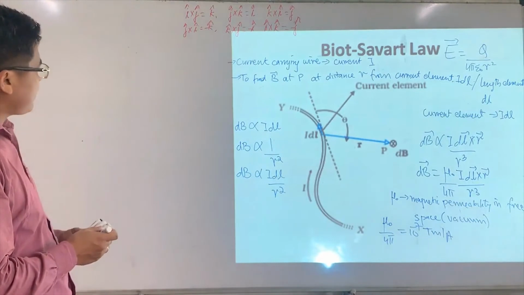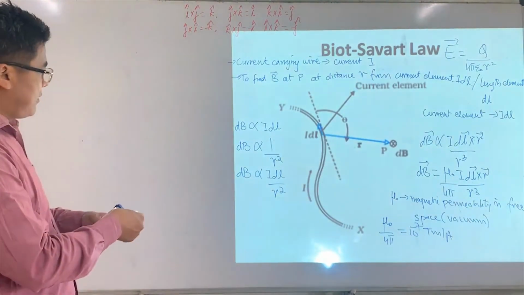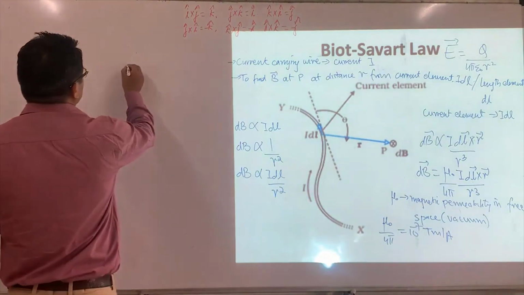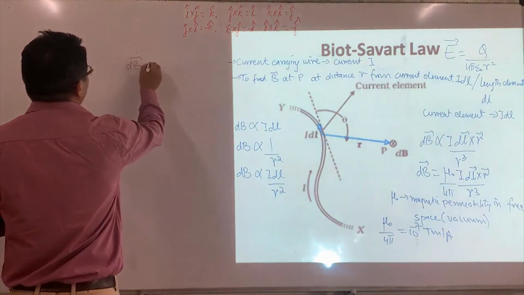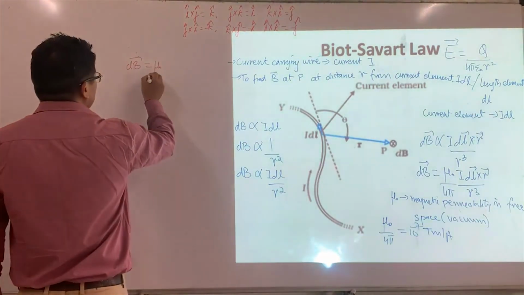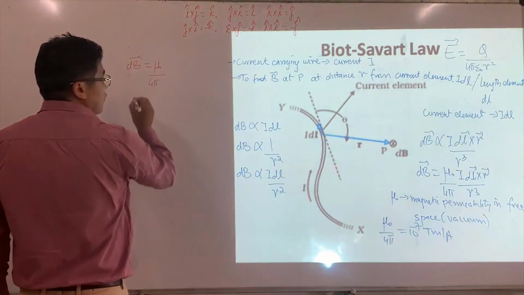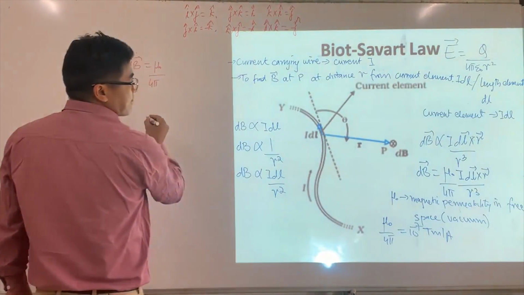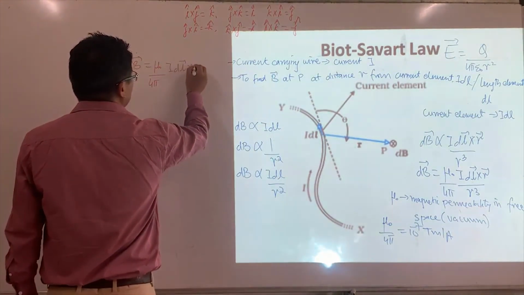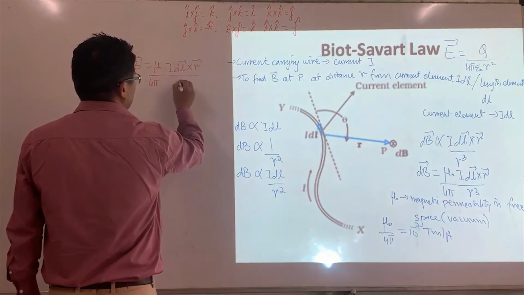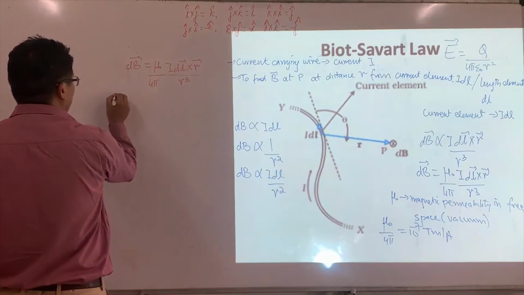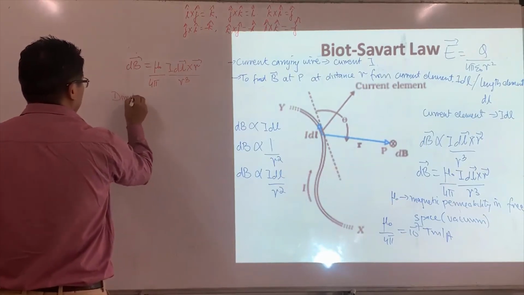Biot-Savart law. Alright, so I'm going to write here again the Biot-Savart law. This is the magnetic field due to a small current element, mu naught over 4 pi, and the magnitude is going to be... Let's talk about directions.